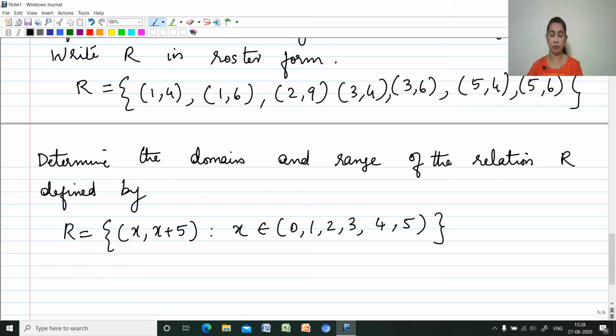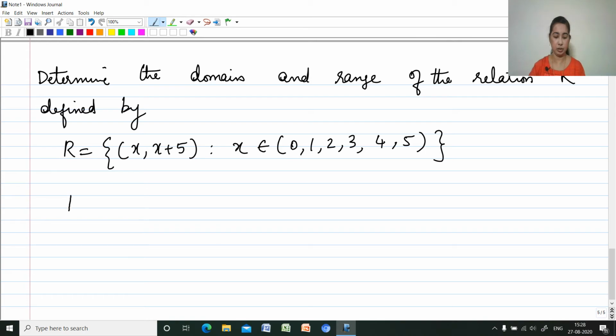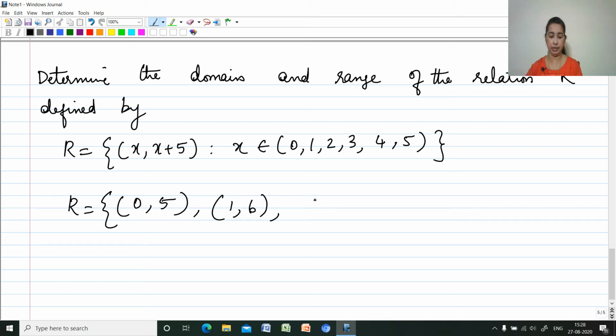So first we need to find out what the elements of R are. If I give x as 0, then the first element will be (0, 5). If x is 1, then (1, 6). Next (2, 7).